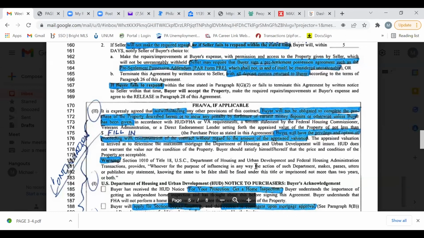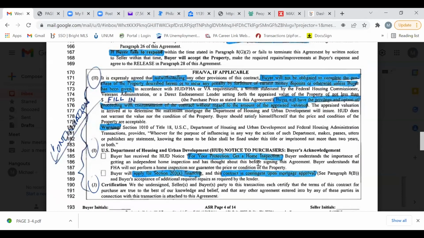There is a little warning there, and it talks about section 1010 of Title 18. So I wrote in my notes here a short blurb about that: HUD will prosecute false claims and statements.